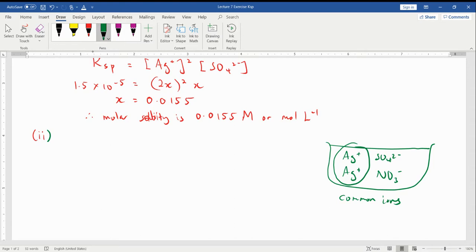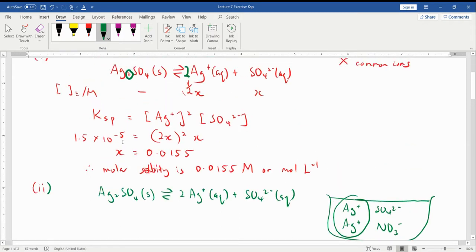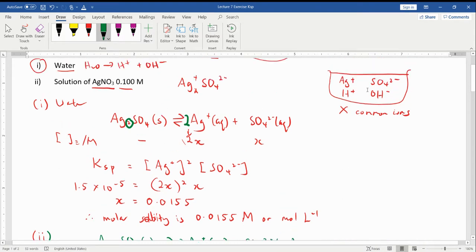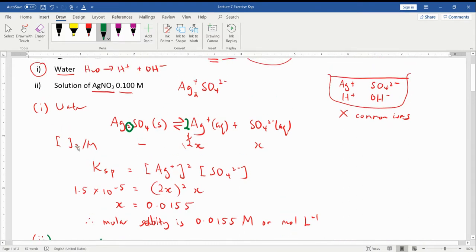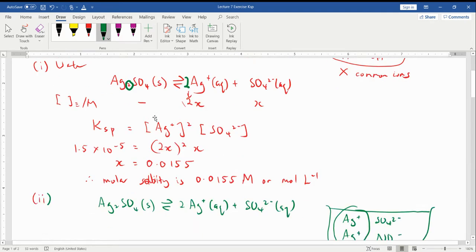Again, same thing, start by writing the dissociation of the slightly soluble salt into its ions. Just now, in water, there was no common ion, so we went straight to equilibrium. Now we have a common ion, and it's 0.1.